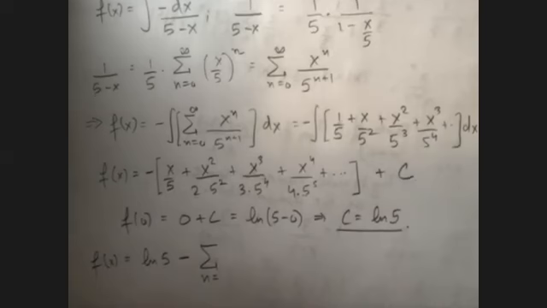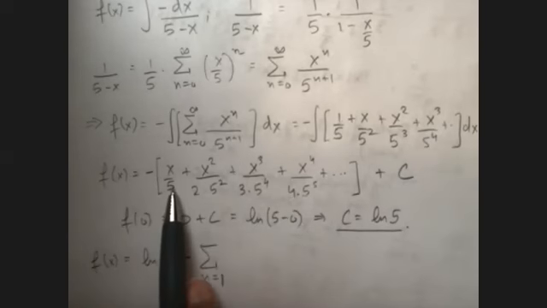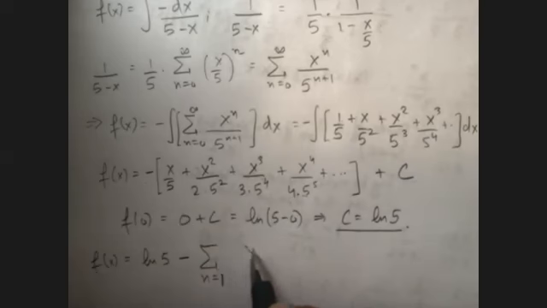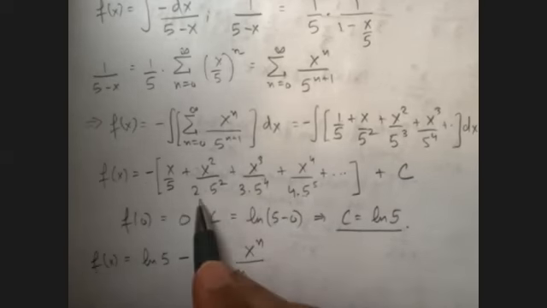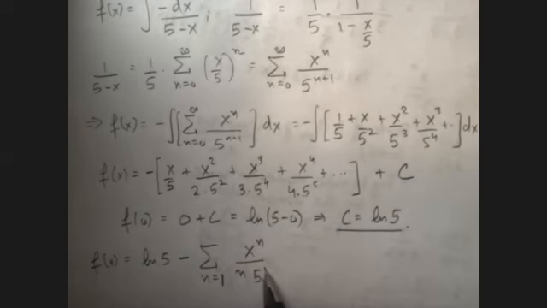So first thing to know, there is no other constant term. So n will start from 1 because the first term is x. So when x goes to the n, n also is written here, and 5 goes to the n plus 1. So that's your answer.